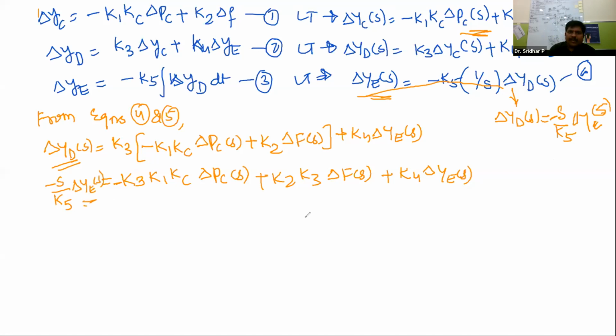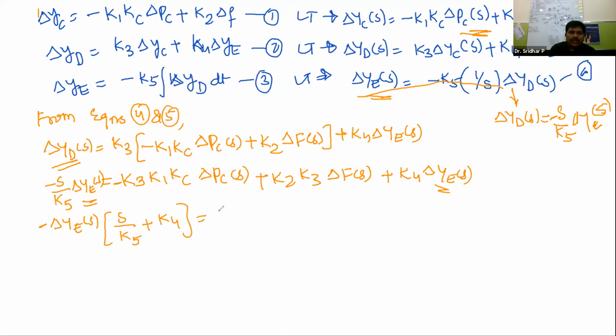Now this is delta ye of s, and this is also delta ye of s. I am taking delta ye of s as common. This equals minus, also taking s by k5 plus k4 as the whole expression.